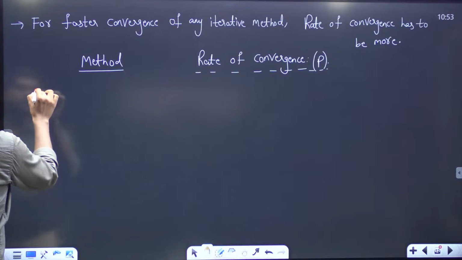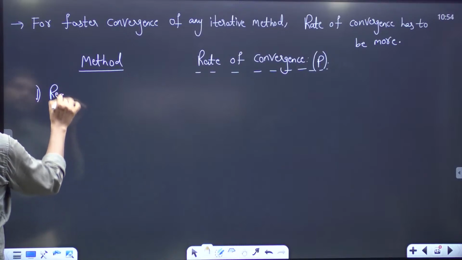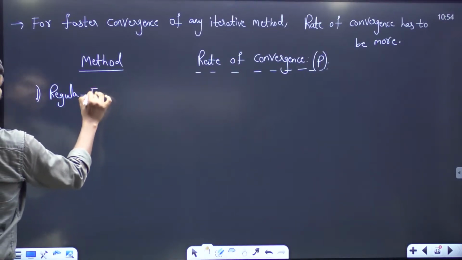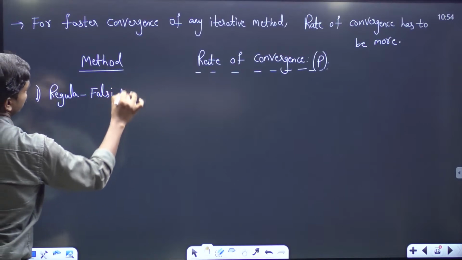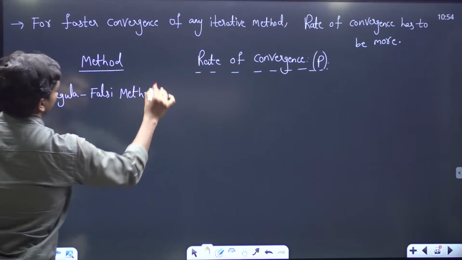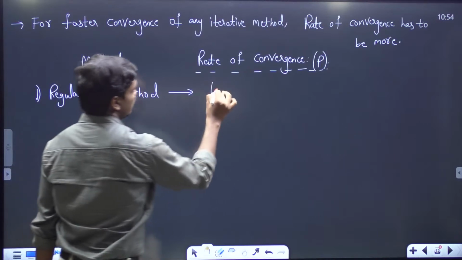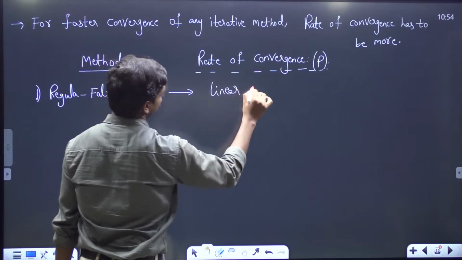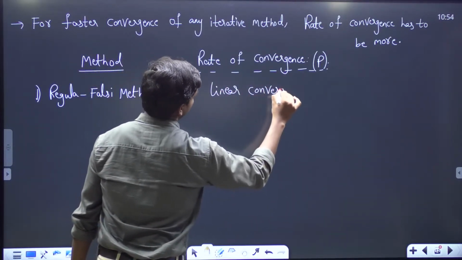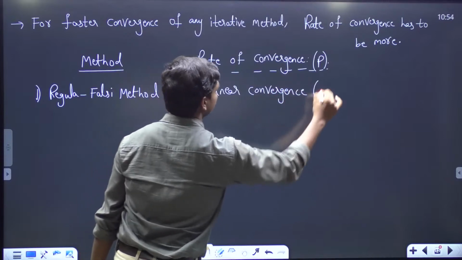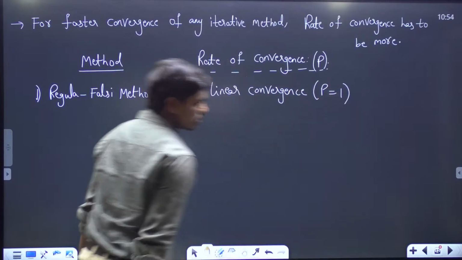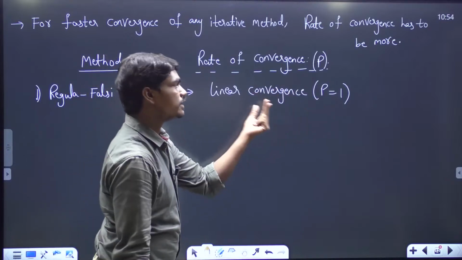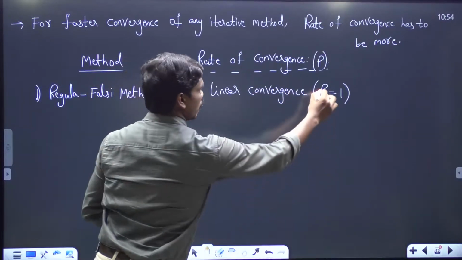First method, the regular falsi method, is a linear convergence method, and we'll get P is equal to 1. Generally 1 is called linear, so the order of convergence is 1.